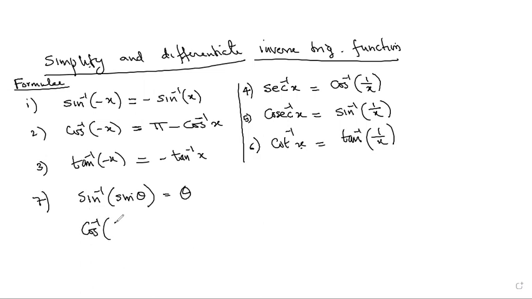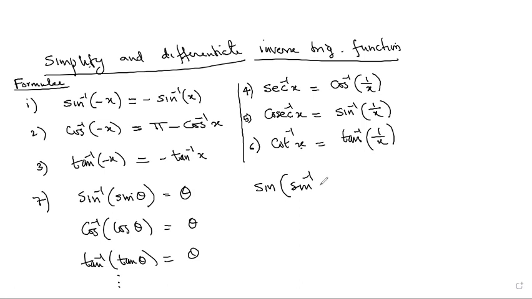Same way, cos inverse of cos theta is theta. Tan inverse of tan theta is theta, and so on. Every inverse of itself will get cancelled. You can do it the other way also. Sine of sine inverse x. Why did I use x now? Here I used theta.